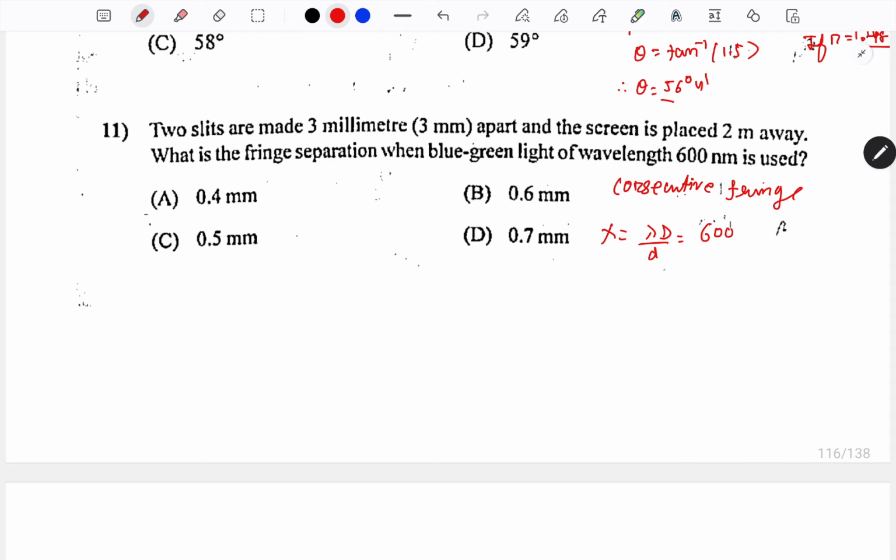So lambda is 600 nanometer, means 600 into 10 to the power minus 9, multiplied by 2 meter, capital D, and small d is 3 millimeter, so 3 into 10 to the power minus 3. The answer will be 4 into 10 to the power minus 4, means 0.4 mm. A.